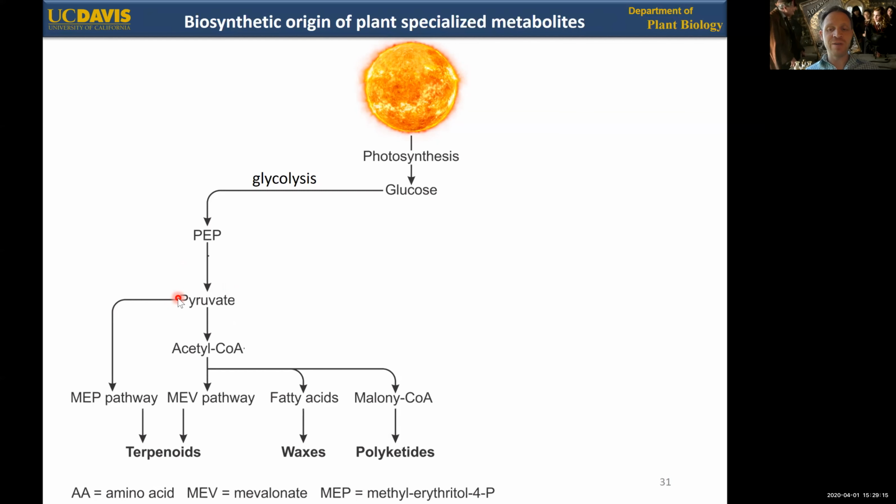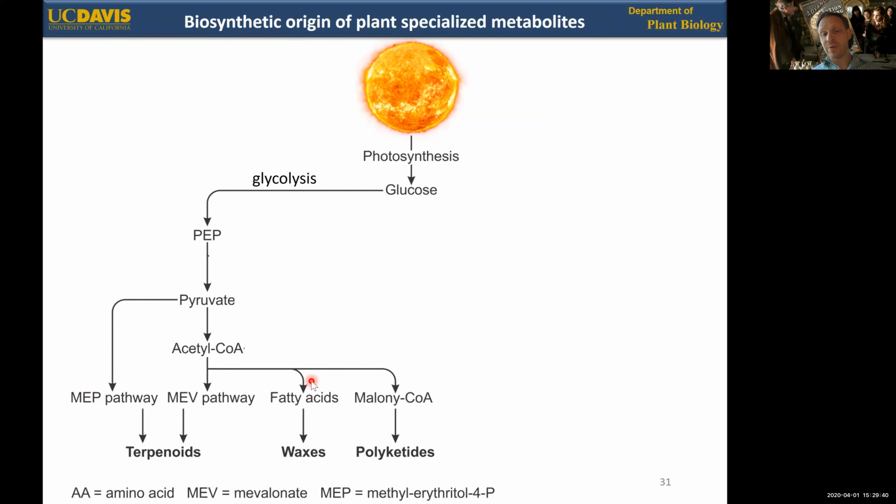If this doesn't ring a bell, you might want to look back at your base biochemistry classes. Pyruvate can be modified to our central energy metabolite acetyl-CoA, and from there acetyl-CoA and pyruvate can, for example, go into the methylerythritol phosphate or the mevalonate pathways. These are the central pathways leading to terpenoids.